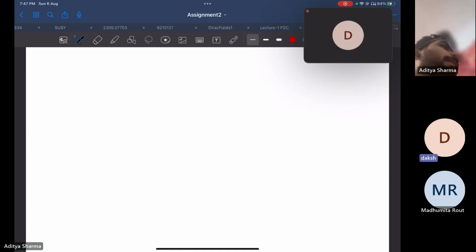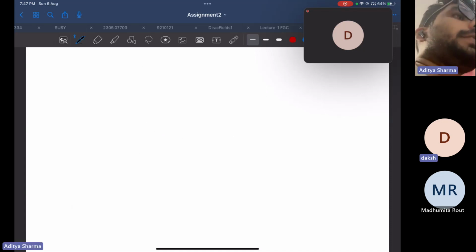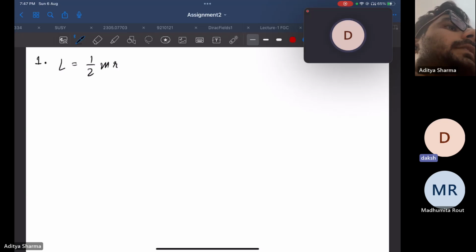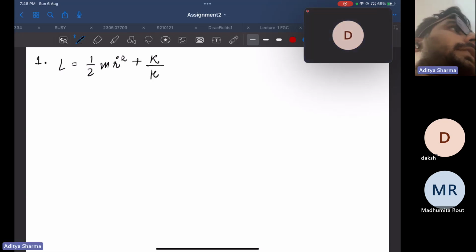Okay, now let's do this. So I have this Lagrangian, the central force Lagrangian. Now, directly we are going to do this symmetry transformation.